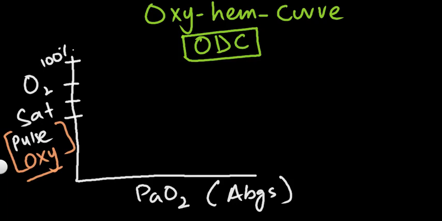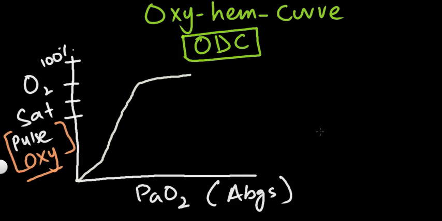So normally what happens is that you have increased oxygen levels, and the hemoglobin attaches with the oxygen until a plateau phase comes and you have saturated the hemoglobin levels.